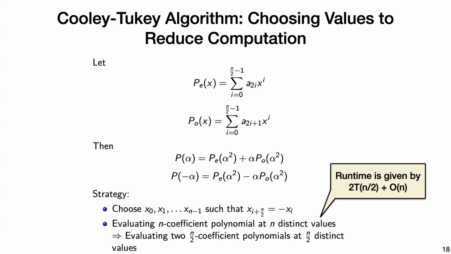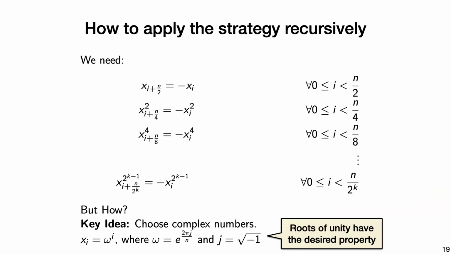And also the issue is that you cannot choose the x points differently as you go down the recursion. The points need to be fixed up front. The points that you're evaluating the polynomial at can't change when you evaluate the subpolynomials, because that would just become new points. So the points all need to be fixed up front, and they need to have this property.